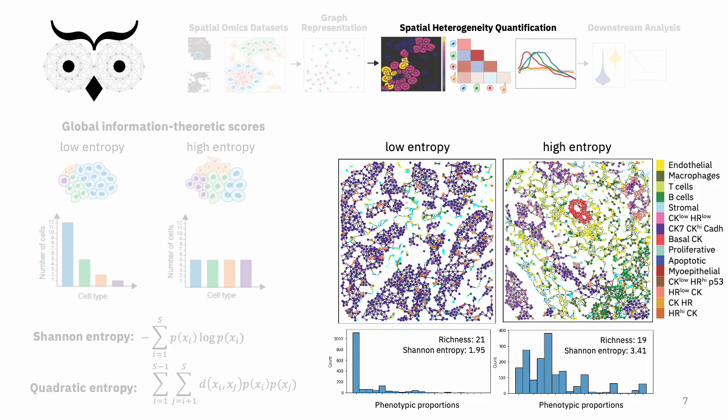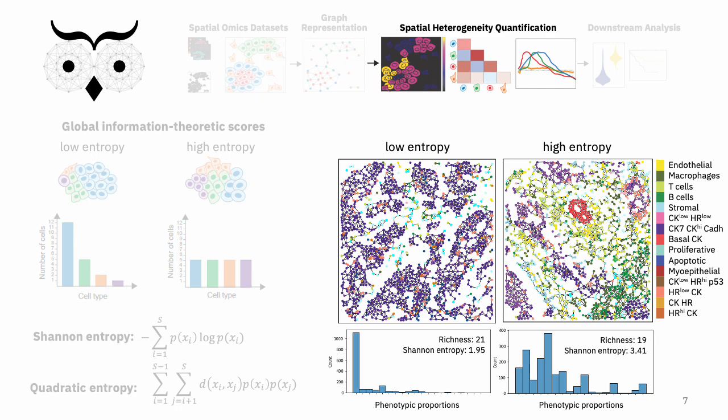And here we can now see two different examples, one with low entropy on the left hand side and one with high entropy. If you look here at the bottom on the histogram, both samples have a comparable richness of 21 and 19, meaning that in both samples there are 21 different phenotypes or 19 different phenotypes.